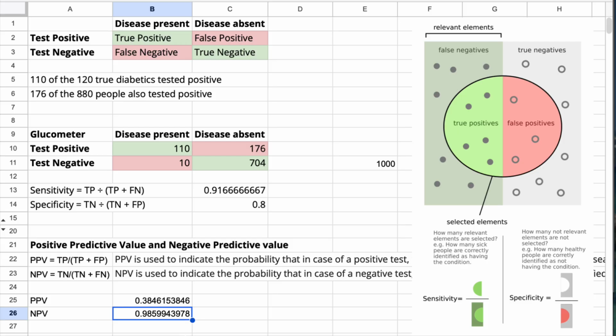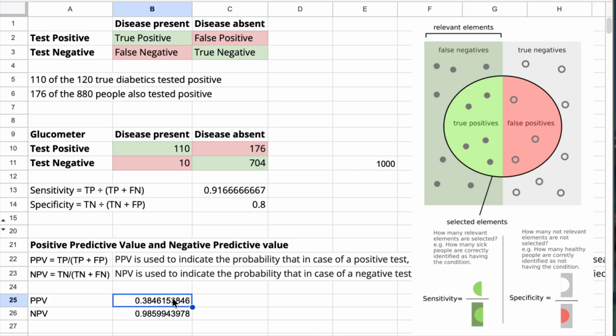So if you get a negative test, there's less than a 2% chance it's actually the case that you have the disease. The screening test is designed to capture everybody who has the disease and then some. So if it rules you out, if it's a good screening test, it really rules you out.